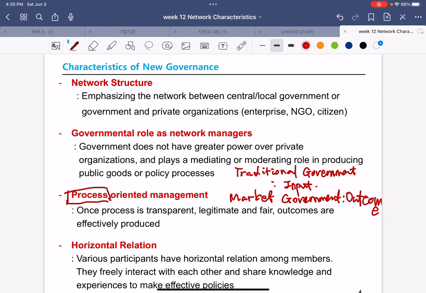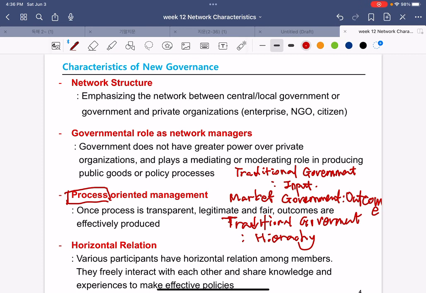Also, in the new governance, horizontal relation is emphasized, right? In the traditional government, what is emphasized? Maybe let's say hierarchy. Hierarchy is emphasized, but in the network, everybody is horizontal.